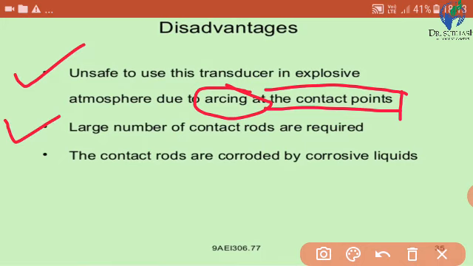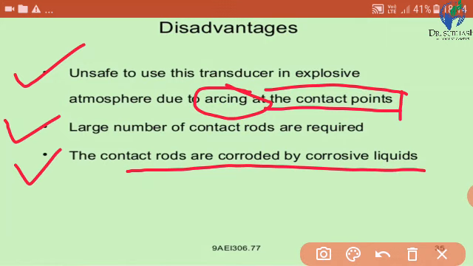Another disadvantage is a large number of contact rods are required. So weight, size, cost, all these things increase due to the large number of contact rods required. Another one is the contact rods are corroded by corrosive liquids. See, if the liquid is corrosive, then corrosion also takes place in contact rods.